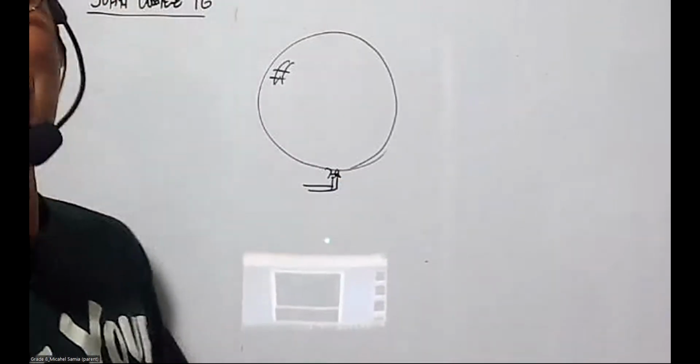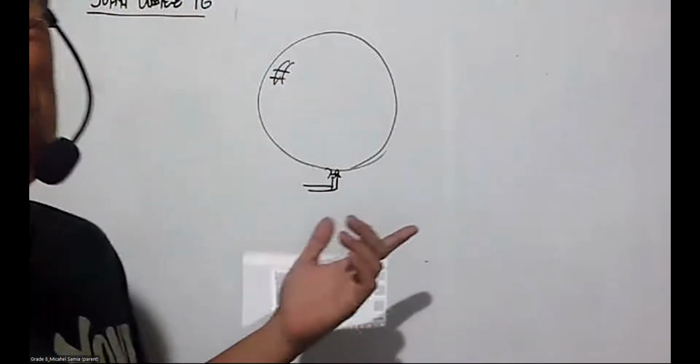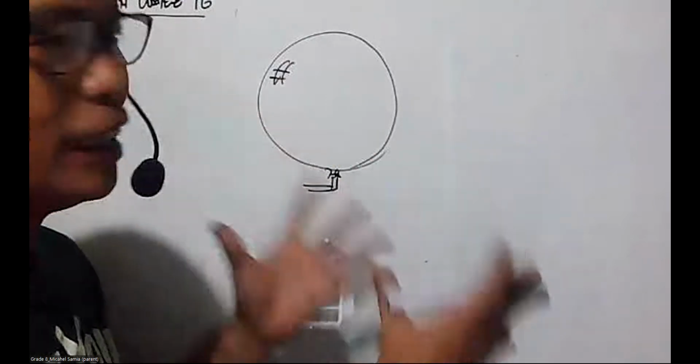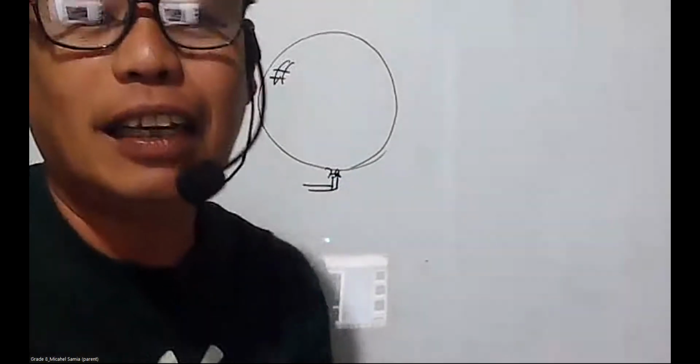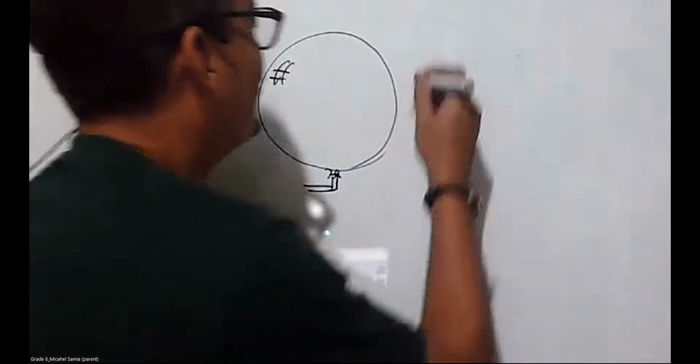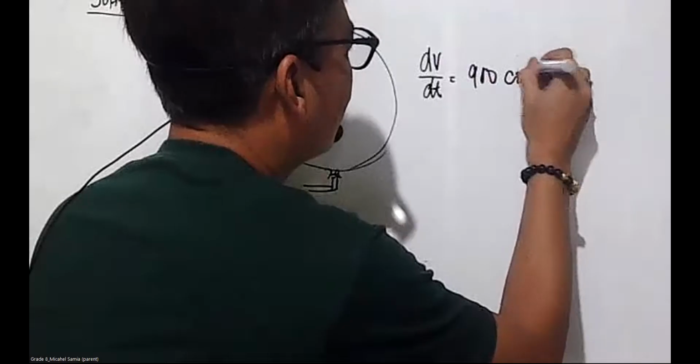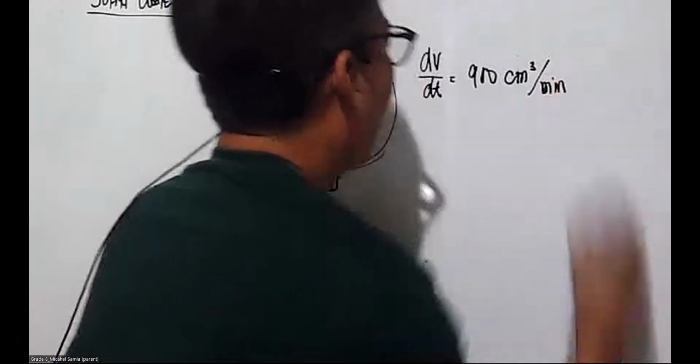Okay, so let's say we are putting air inside the balloon. The volume is expanding at the rate of 900 cubic centimeters per minute. So I'll do that first. dV dt is 900 cubic centimeters per minute.